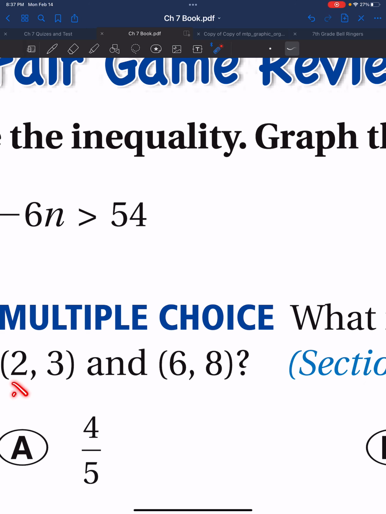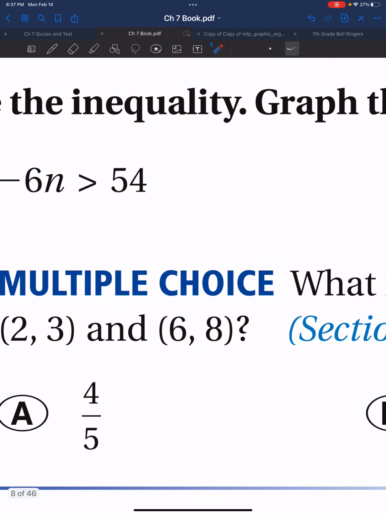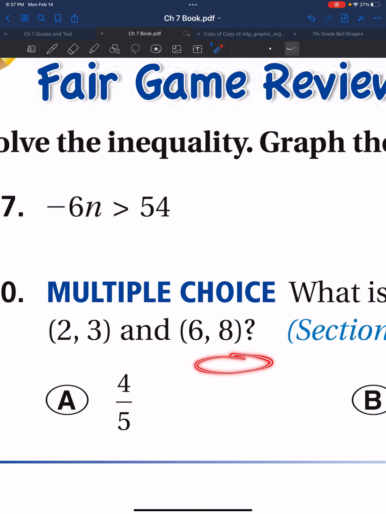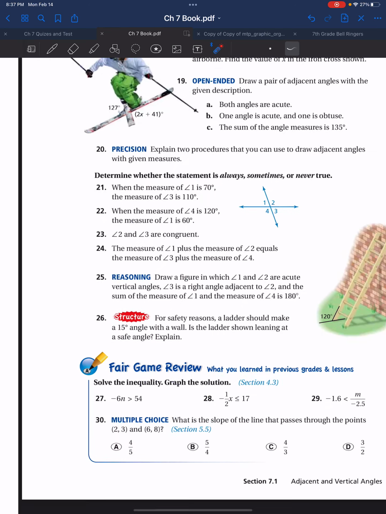And remember, this is x comma y, x comma y. So here's what I want you to do. I want you to take 3 minus 8. That would be the change, right? Change means difference. Difference means subtract. After you do that, that's your top number. And then I want you to take 2 minus 6. That would be your bottom number. All right, guys, good luck.